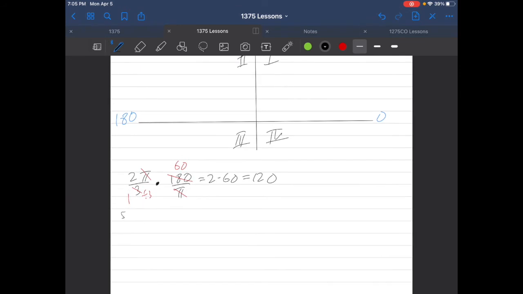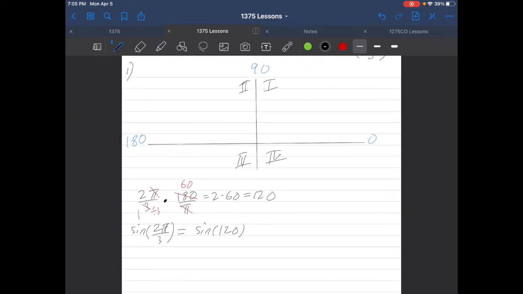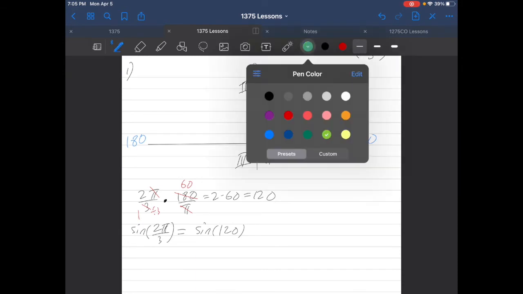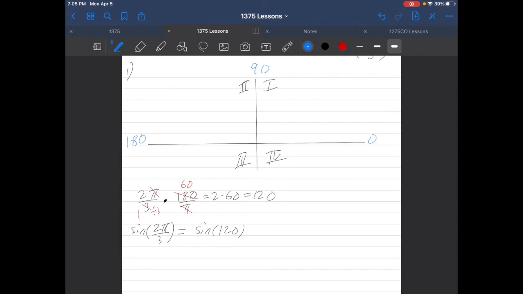So a couple things here. The sine of 2 pi over 3 radians is equivalent to the sine of 120 degrees. They are the same, it's just two different angle measures. Not different, actually, two representations of the same angle measure. So what we're going to do now is draw ourselves our 120 degree angle.